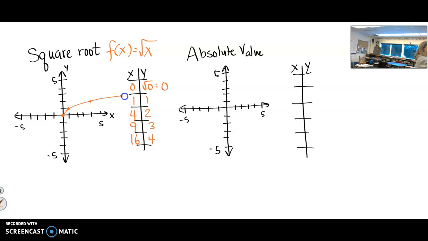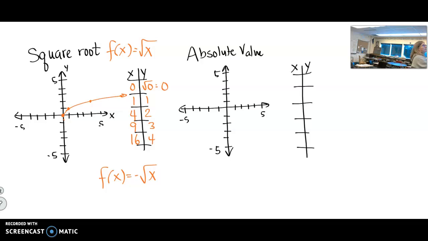The graph of the square root of x is the inverse of x squared, but only half of it, because if I graphed the other piece, f of x equals negative square root of x, I wouldn't have a function any longer. So when we're graphing the square root, we're just graphing the principal square root, which is the graph that you see there.